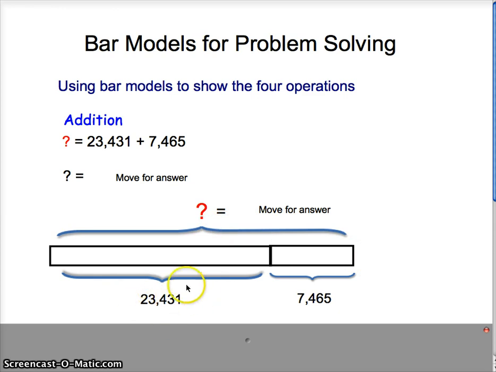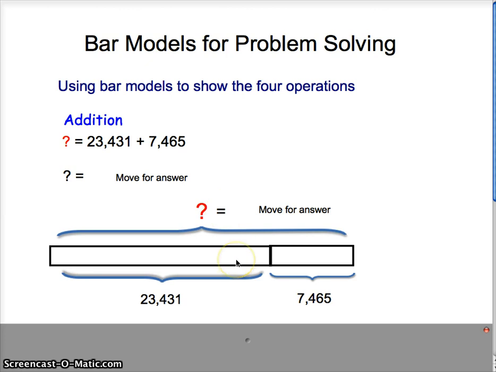The parts of our equation are represented here with the various numbers attached because they gave us those numbers. What they didn't give us was the sum of both of those. When we finally add them together, we don't know what the sum is, and that's our job, to find that missing sum. That's what this equation is asking us for.